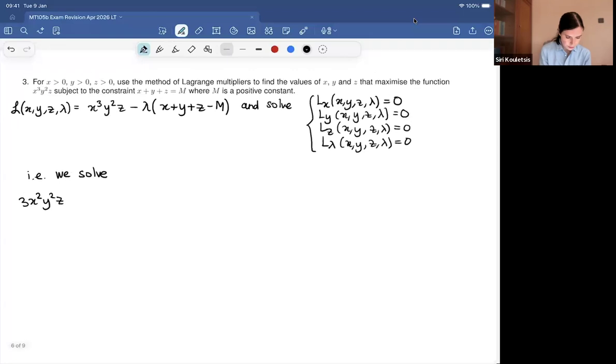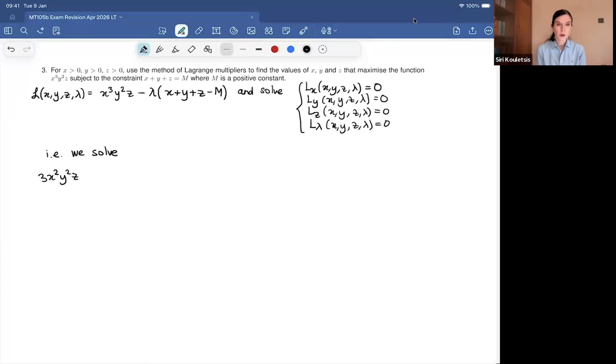So that's the first term of the Lagrangian differentiated with respect to x. Then we look at the rest here. What do we have that involves x here? We have minus lambda x. The rest here is just treated as constant, so differentiated with respect to x, we get minus lambda, and then we set that equal to 0. So that is the first equation in our simultaneous system.